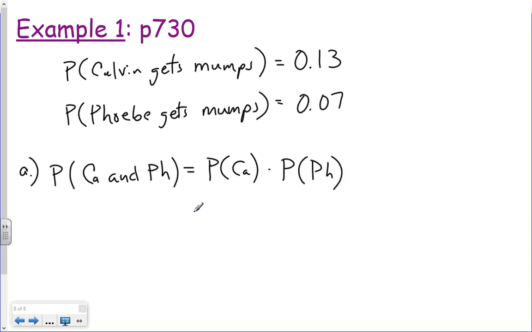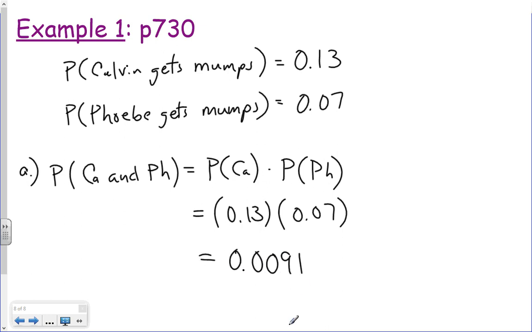So that's equal to 0.13 times 0.07. I'll let you grab your calculator and punch that in and see what you got. I'll punch that into mine. 0.0091 is what I've got. Not a very good chance. Less than 1% chance that they both get the mumps.